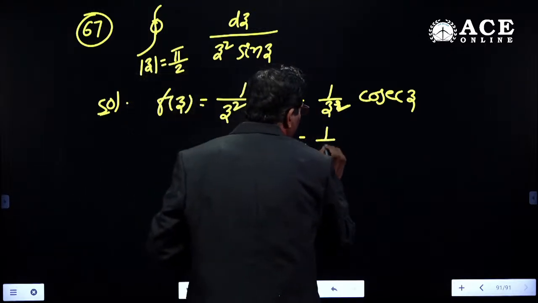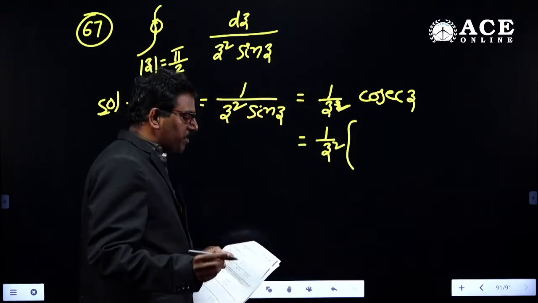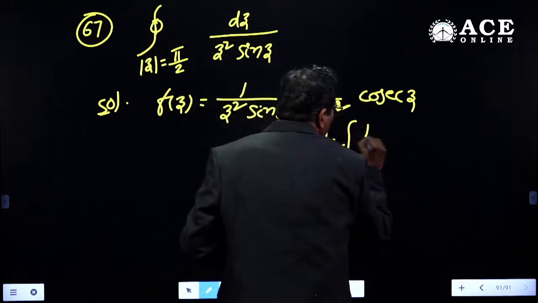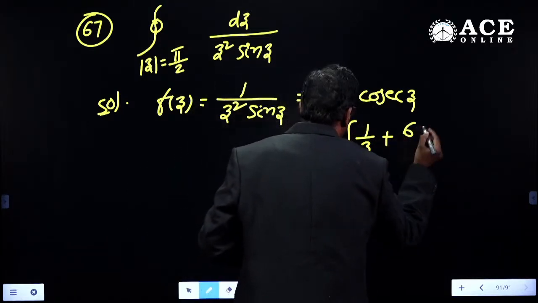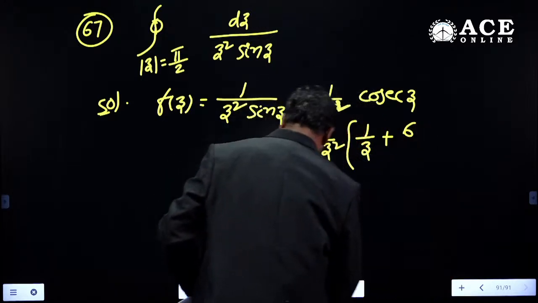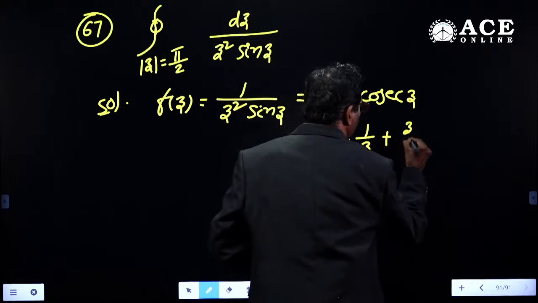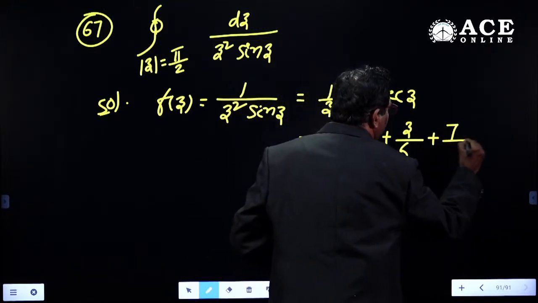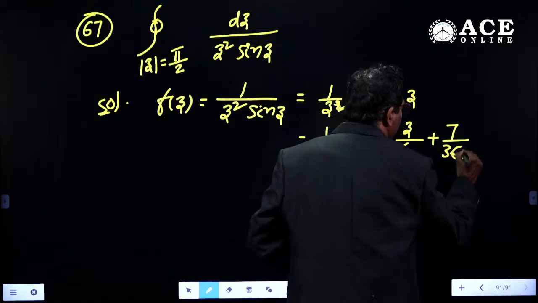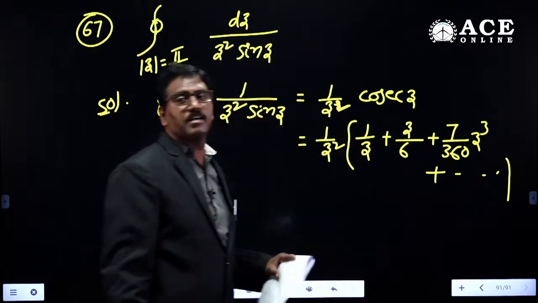You can write it as 1 by z square into the expansion of cosecant z, which is 1 by z plus z by 6 plus 7 by 360 z cube plus and so on. This is an expansion of cosecant z.